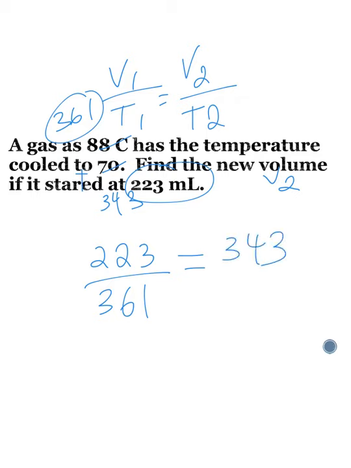Oh shoot, that should be on the bottom. Sorry about that. So that's actually what we don't know here, V2, and then 343 is here. We know our temperature is cooling, so that means our volume should take up less room as well. So T and V always do the same thing.